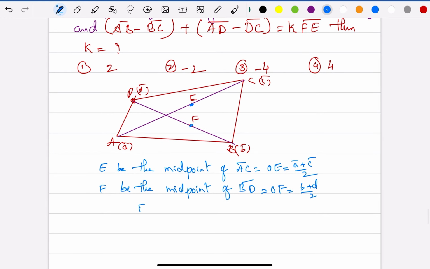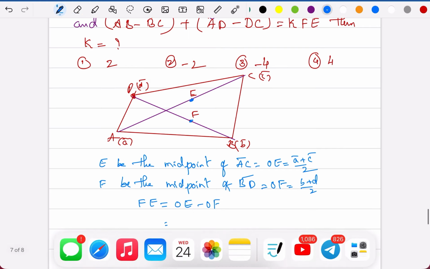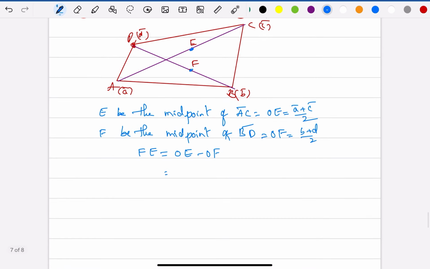Now FE is equal to OE minus OF, by applying the triangle property. OE is half of A plus C, minus half of B plus D vectors.